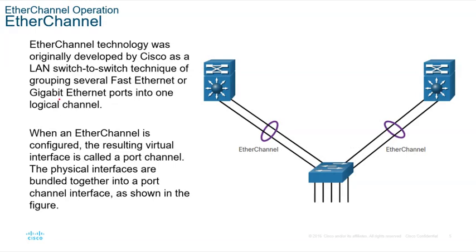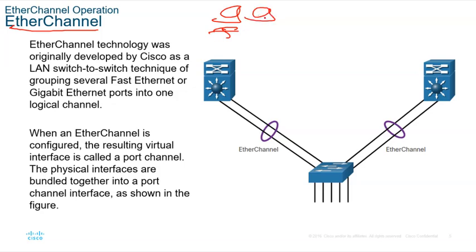So Etherchannel, as the technology or mechanism, was originally developed by Cisco as a LAN switch-to-switch technique, not a switch to PC, grouping several Fast Ethernet or Gigabit Ethernet links. And as we are doing this, you can't combine Gigabit and Fast Ethernet. This is not allowed.